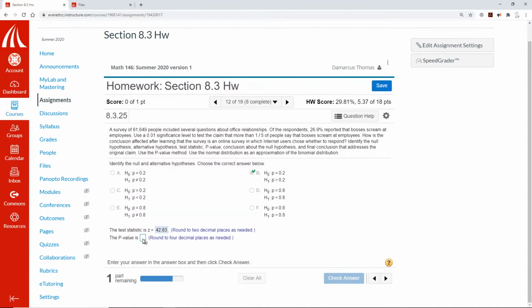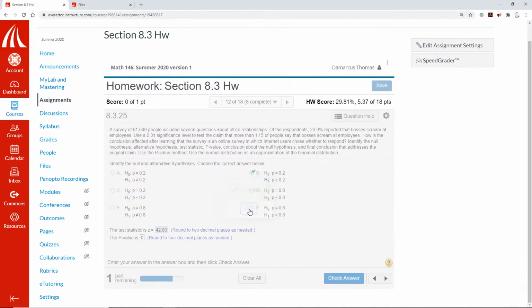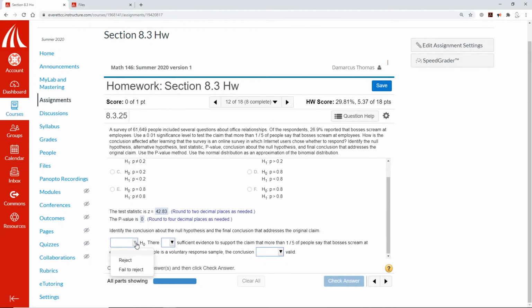The p-value, you could just put in 0. It is definitely less, so we will reject H null. There is sufficient evidence to support the claim that more than 1/5 of people say that their bosses scream. The conclusion is valid.